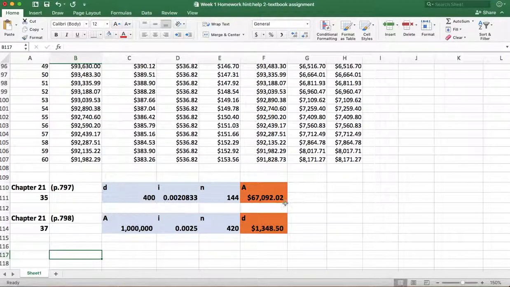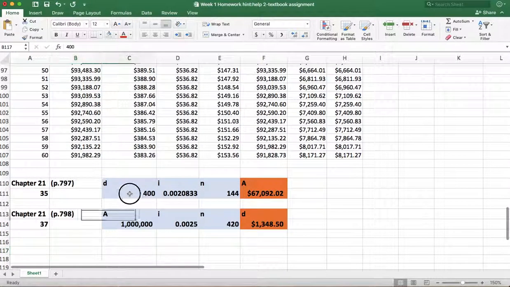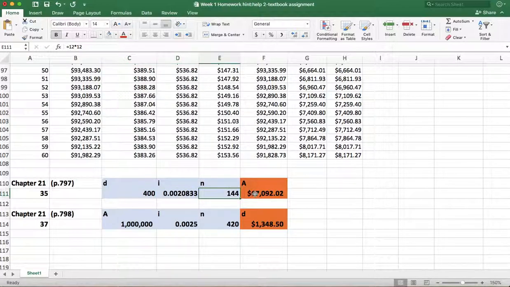These two problems, I use Excel to calculate. It looks very nice and simple. And if you submit your homework, I just click the cell. I know how you arrived at the answer. So very convenient for you to submit, very convenient for me to check.